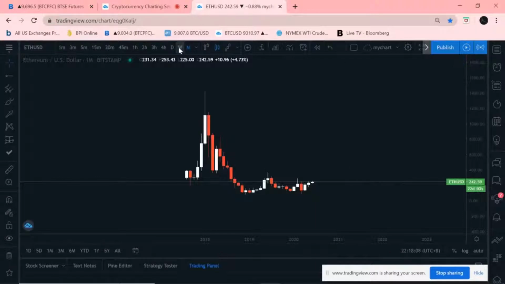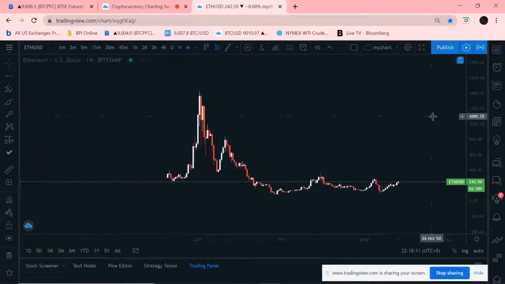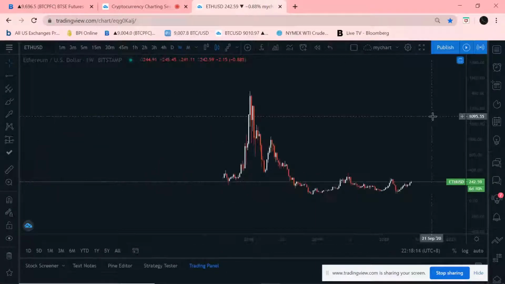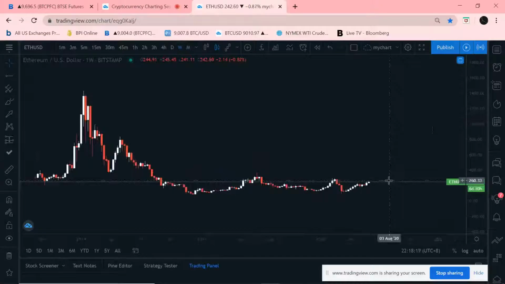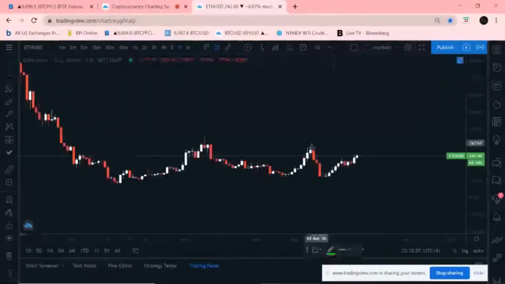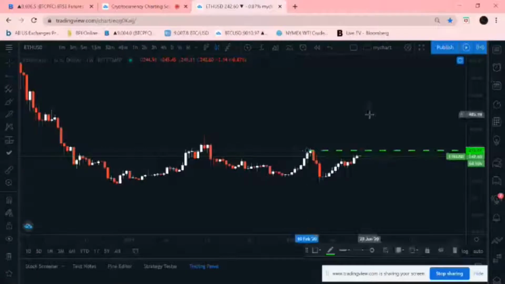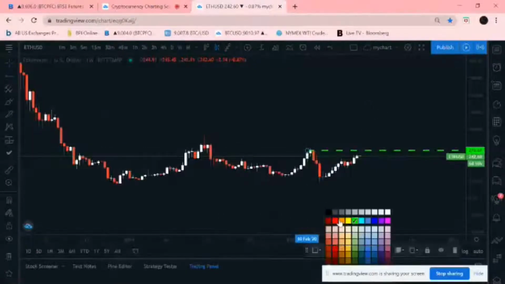On a weekly chart, it's also near the resistance, and possibly the next key resistance is around $276.